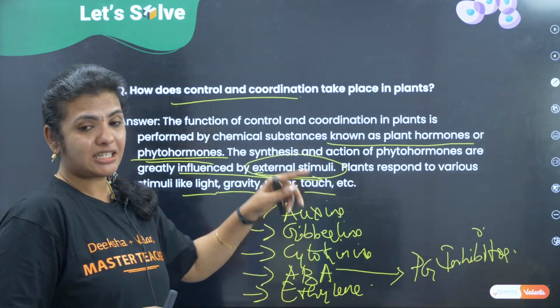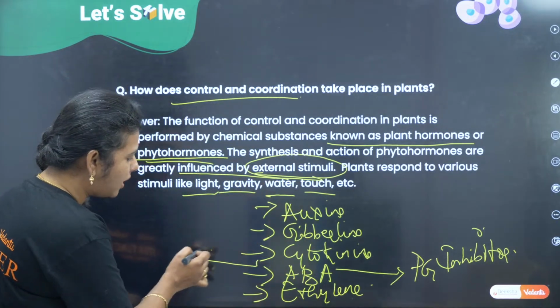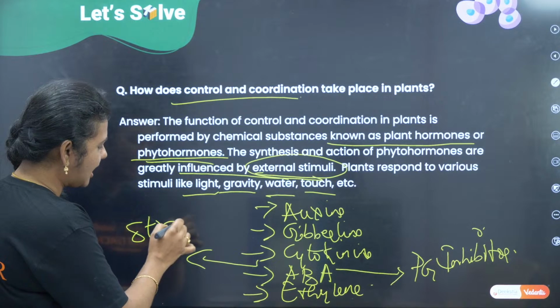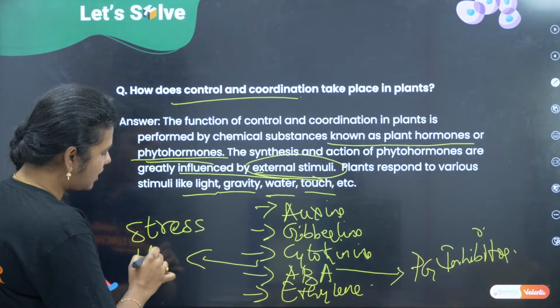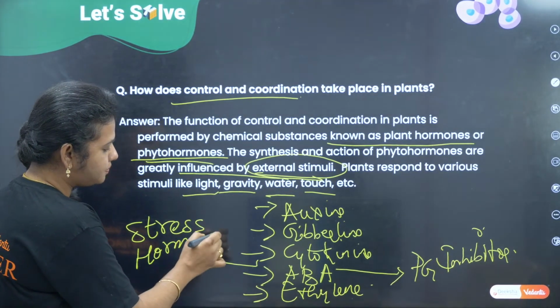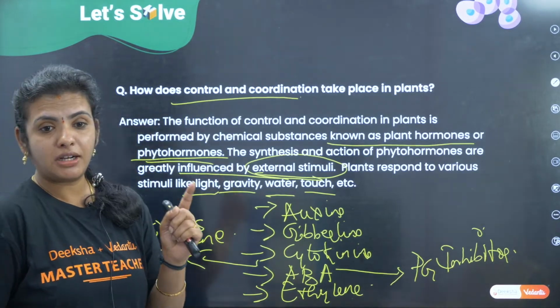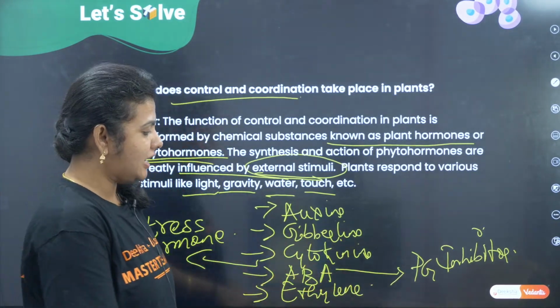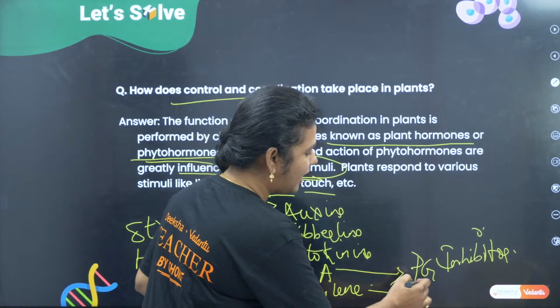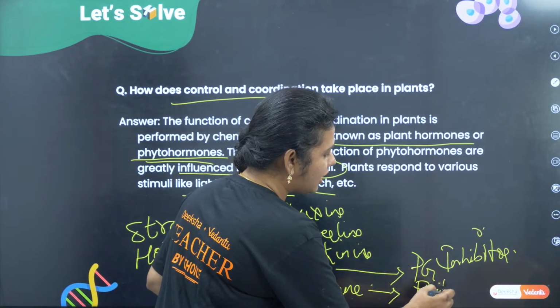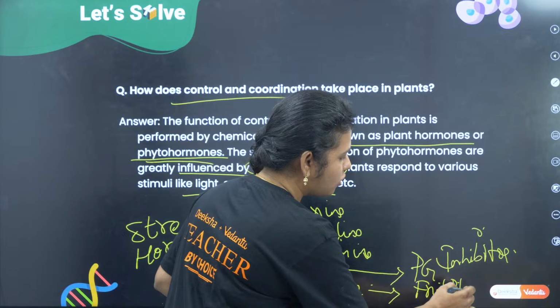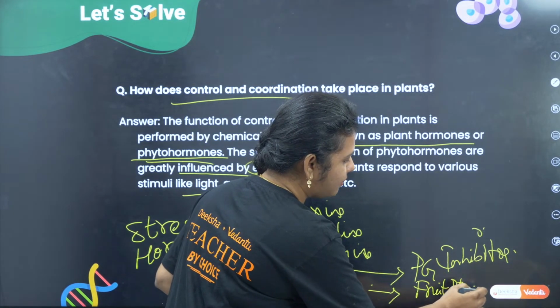Whereas abscisic acid is a stress hormone. So, the one word that you are going to remember for abscisic acid is, it is a plant stress hormone. Okay. The one word that you are going to remember for ethylene is, it is going to help in fruit ripening. Okay. Fruit ripening, ripening of fruits.